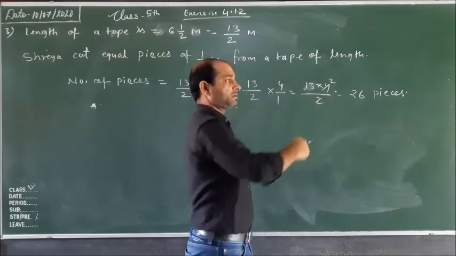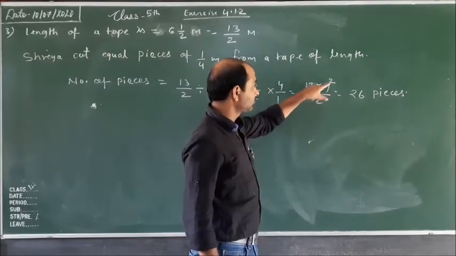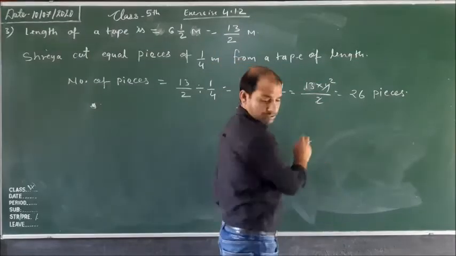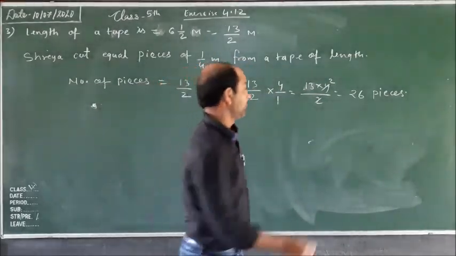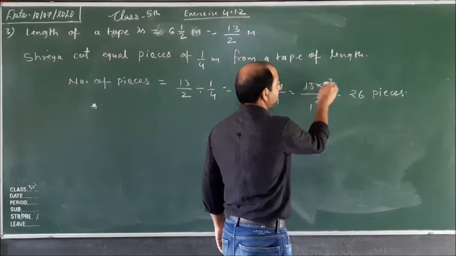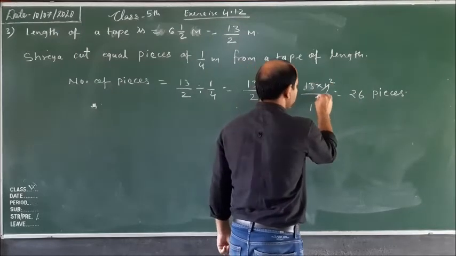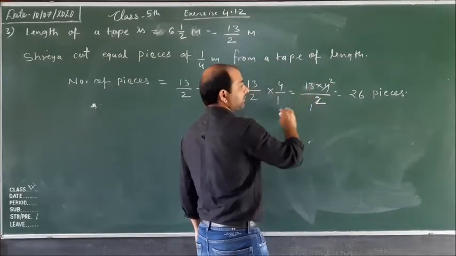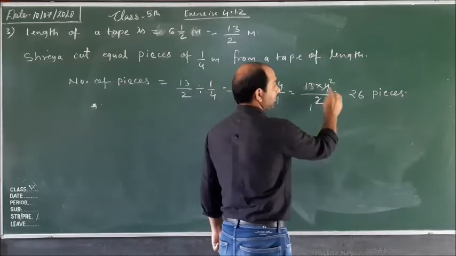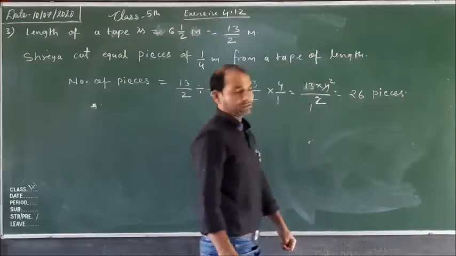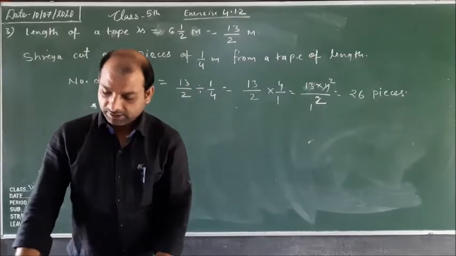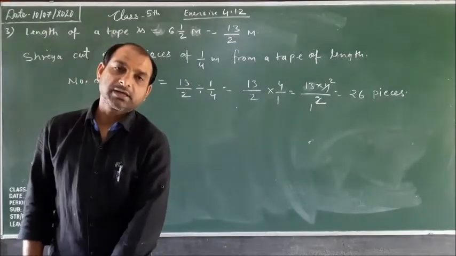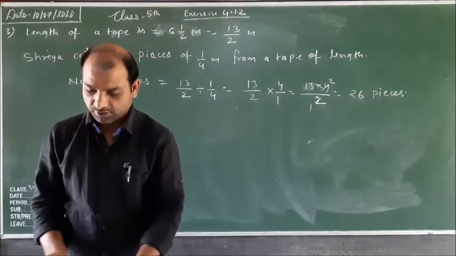Because 4 is divisible by 2, 2 times 1 is 2, 2 times 2 is 4. So the denominator is 1 and the numerator is 13 multiplied by 2 equals 26 pieces. Now dear students, this exercise and this chapter is also completed.